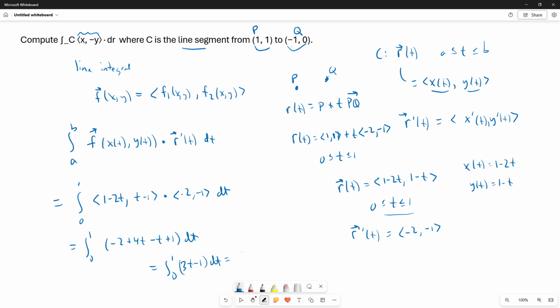We can find the antiderivative and plug in the numbers. If we plug in 1, we get 3/2 minus 1. And if we plug in 0, we get 0. So this is our answer: 3/2 minus 1 is 1/2. And that's our line integral.